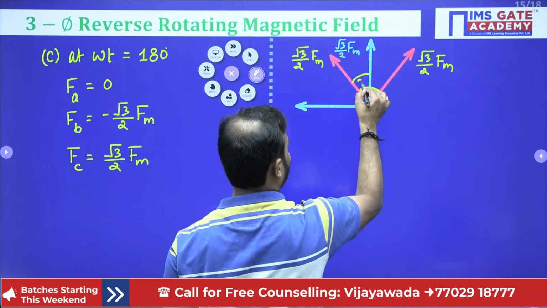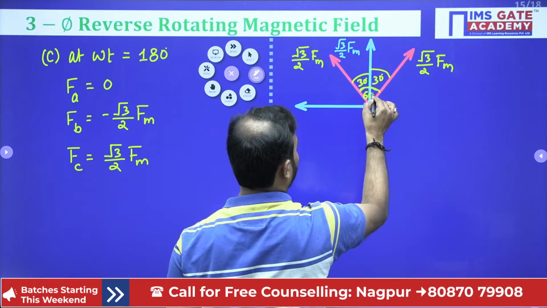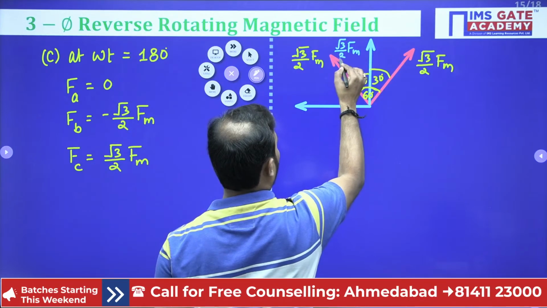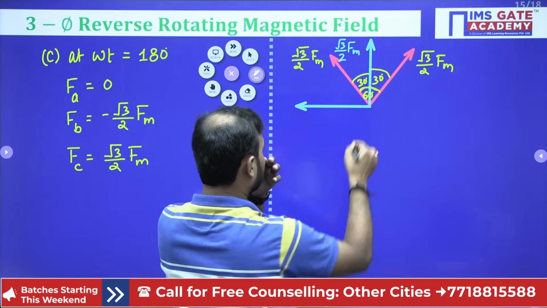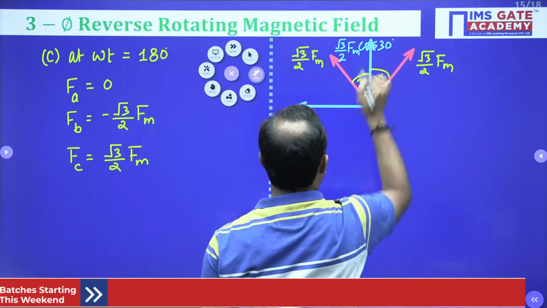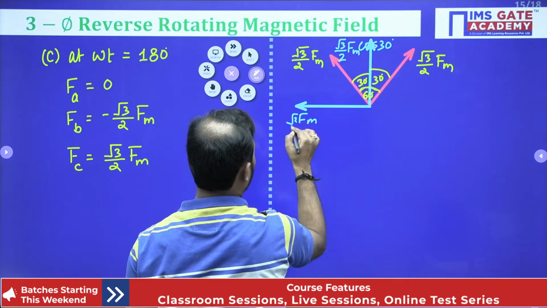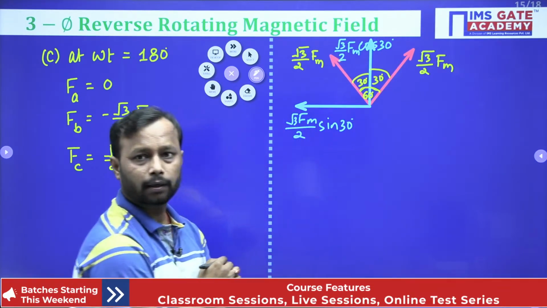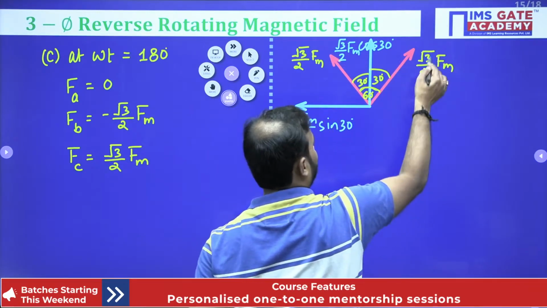So it becomes 30 and 30. This is total 60 degree, isn't it? So this value will become Fm by 2 cos 30 degree, and this becomes root 3 Fm by 2 sine 30 degree. All right, and the last one will be this component.